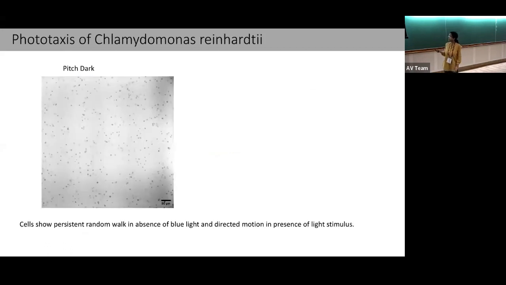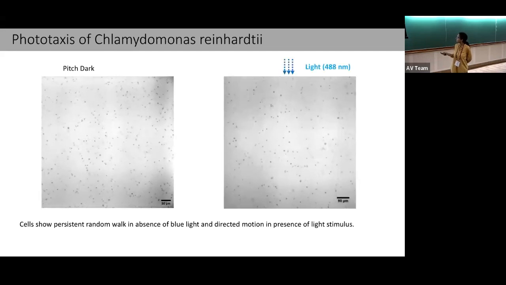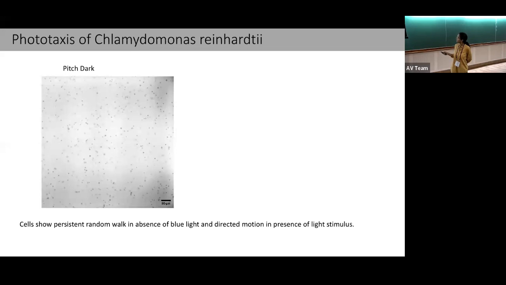So I'll show you, here these black dots are individual cells. We are looking at low magnification, and these cells in absence of phototactic light. So when I say it's pitch dark, I mean absence of phototactic light. We are imaging them in infrared light or red light where they're not very responsive. And so you will see that in pitch dark, the cells are just running in random directions.